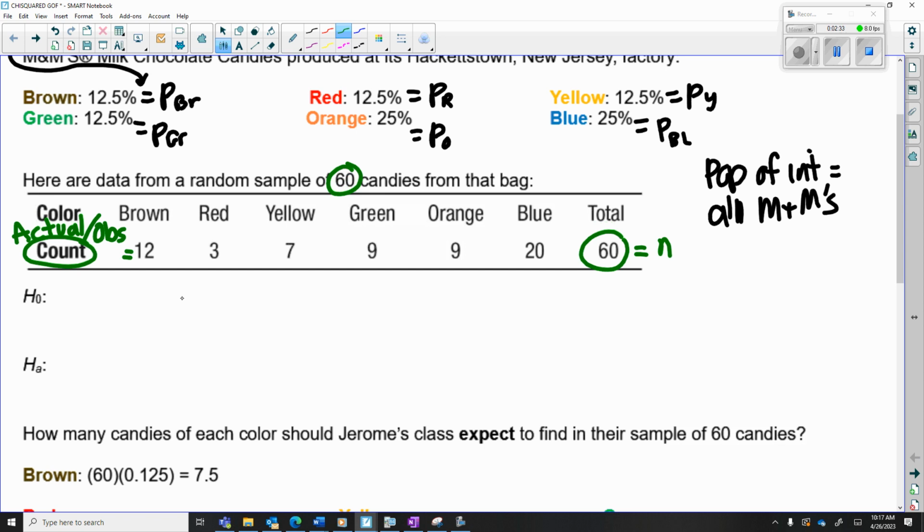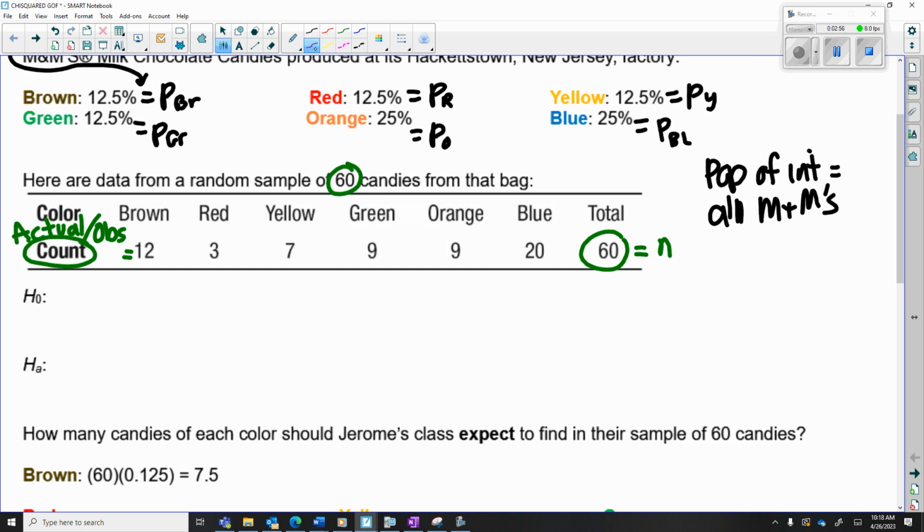There's 1, 2, 3, 4, 5, 6 proportions. So it becomes too hard to do a 2 proportion Z test because there are 6 of them. So we do a chi-square test instead, specifically for goodness of fit, meaning how good is the fit of my actual M&Ms to what was advertised.